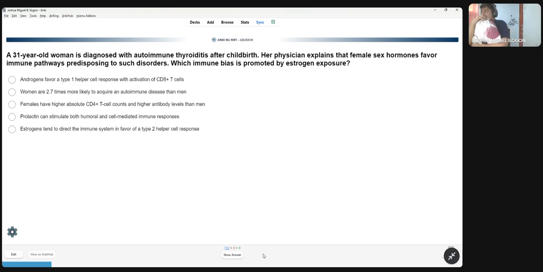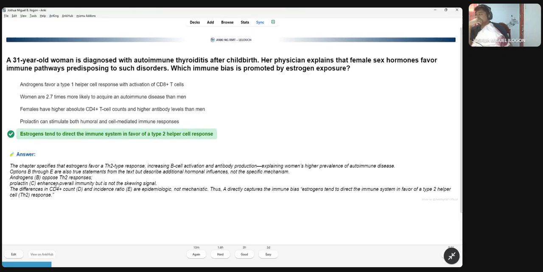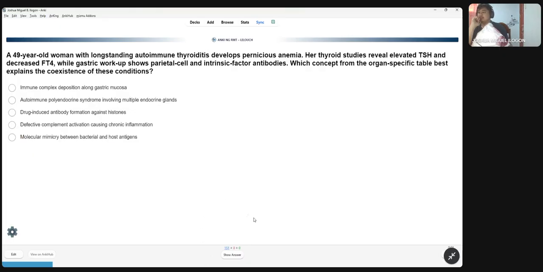A 31-year-old woman is diagnosed with autoimmune thyroiditis after childbirth. So it's thyroiditis. Okay, estrogens. Pernicious anemia.